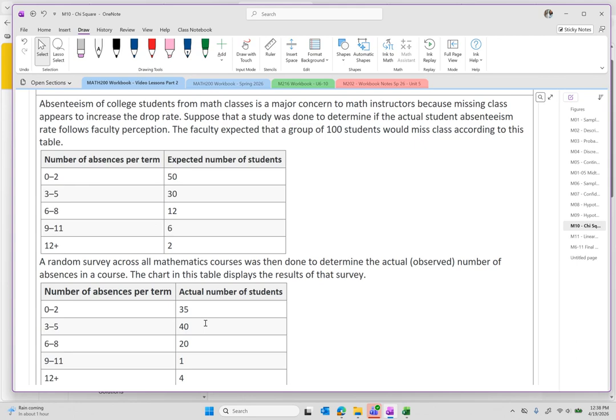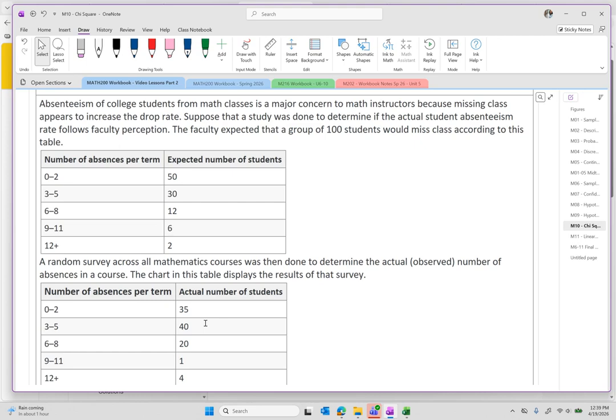The table indicates that the faculty expects that 50 students will miss 0 to 2 classes per term. 30 students will miss 3 to 5 classes per term. 12 students will miss 6 to 8 classes per term. 6 students will miss 9 to 11 classes per term, and 2 students will miss 12 or more classes per term. And this is out of 100 students.